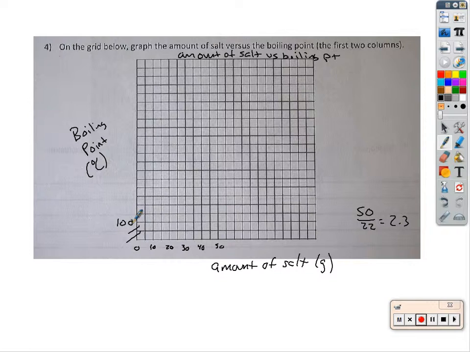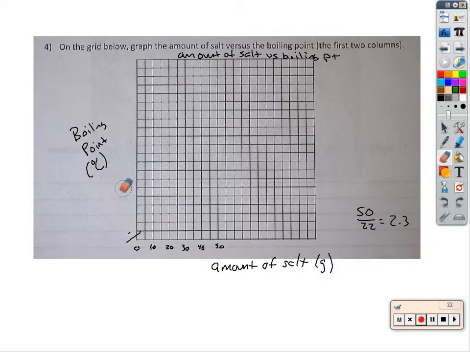And then I might go 2, 4, 6, 8, 101, 2, 4, 6, 8, 102, 2, 4, 6, 8, 103, 2, 4, 6, 8, that's too much. Went too far. That's not going to work.